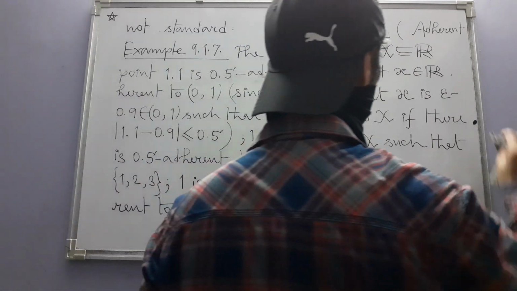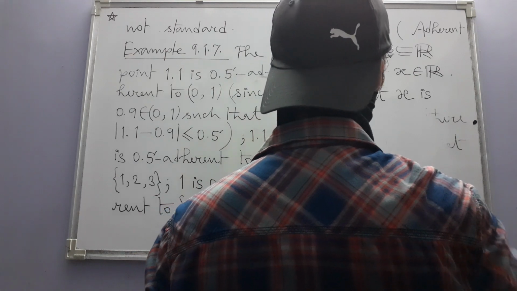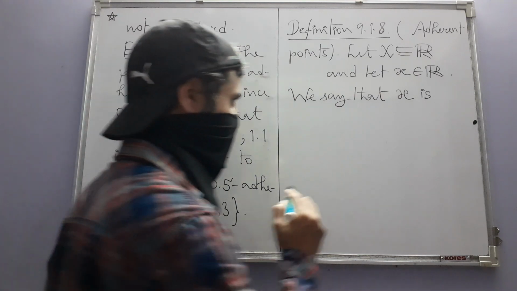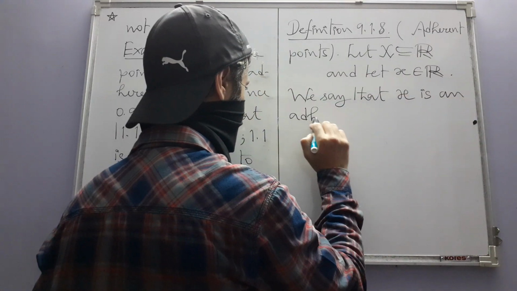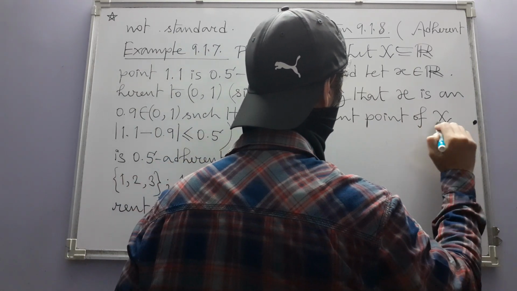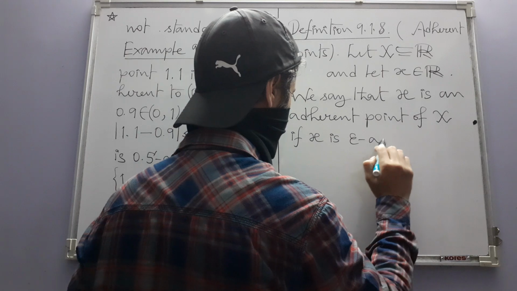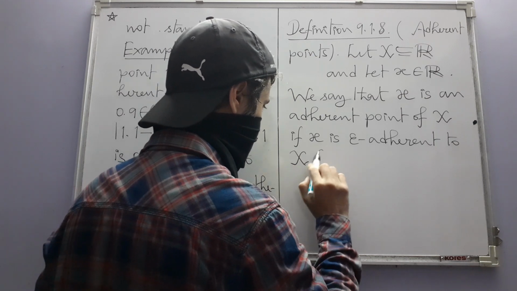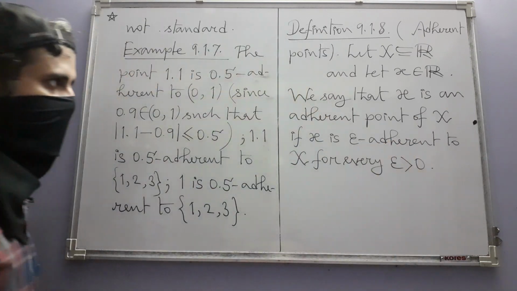We say that x is an adherent point of capital X if x is epsilon adherent to capital X for every positive real number epsilon.